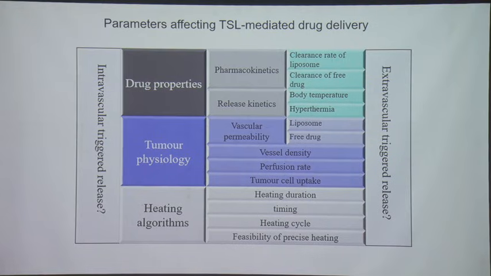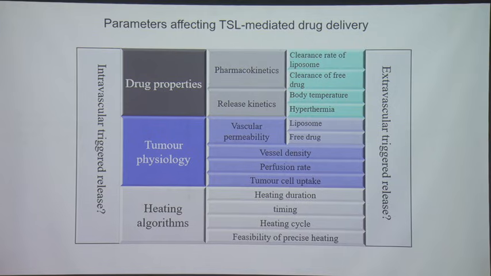So here is just a map of the properties, the parameters that you need to fit into the model. I've clustered them into different categories, and you can look at them in terms of the drug properties. We have the pharmacokinetics and the release kinetics.